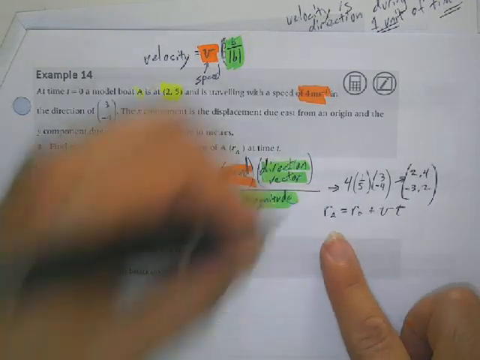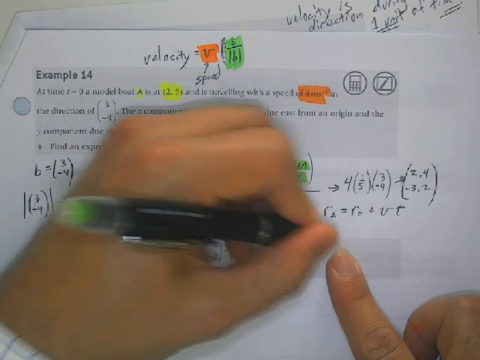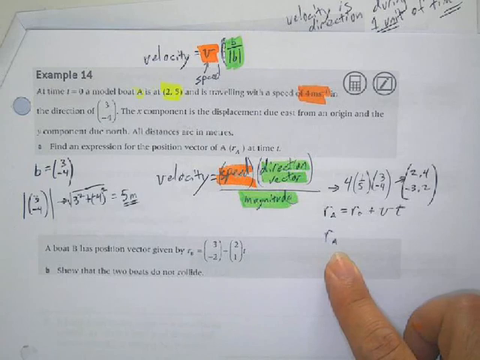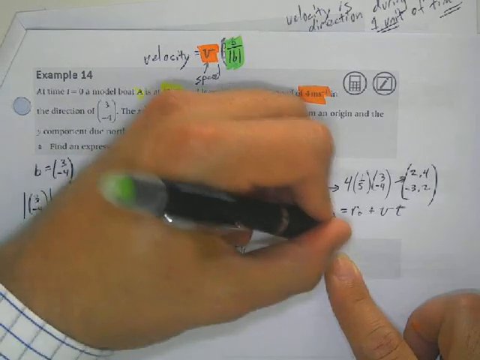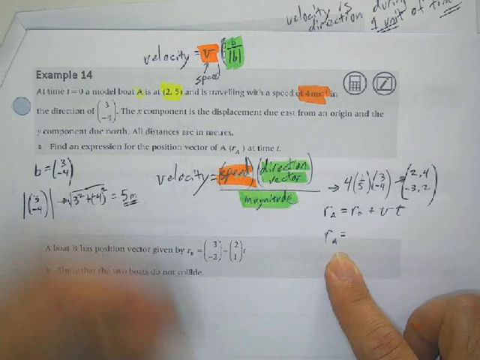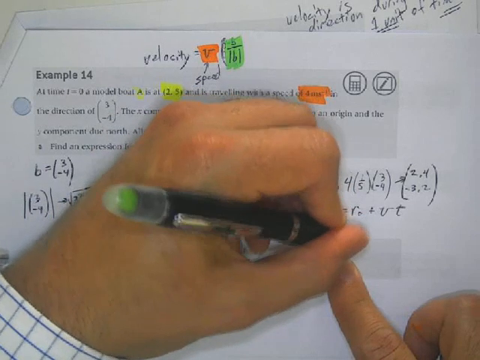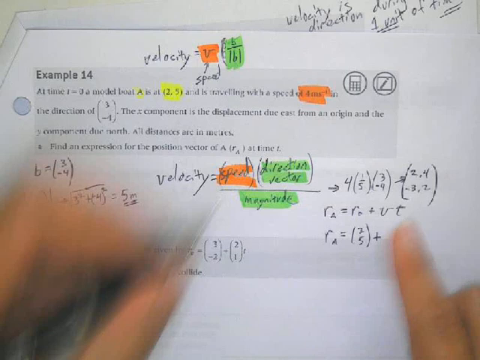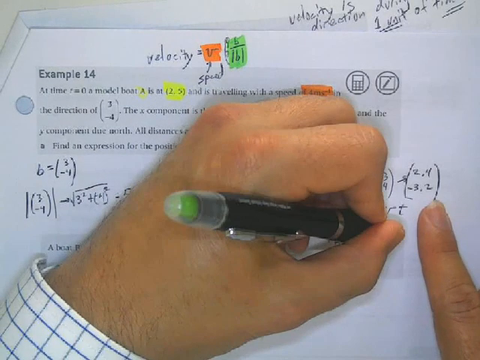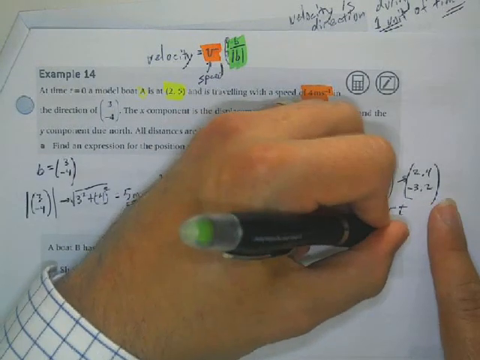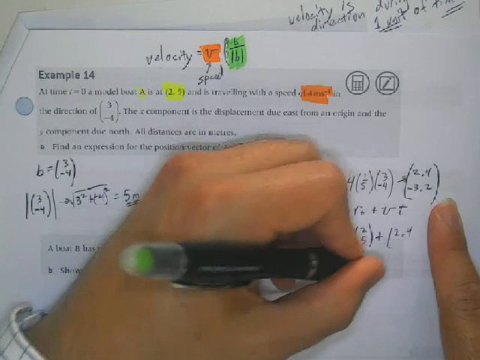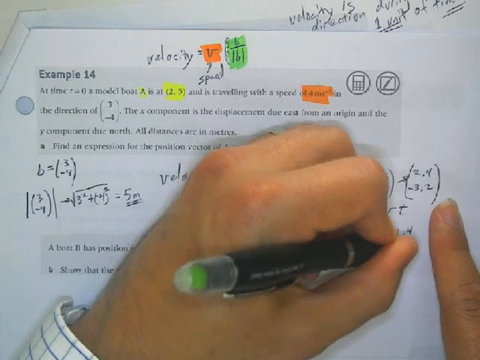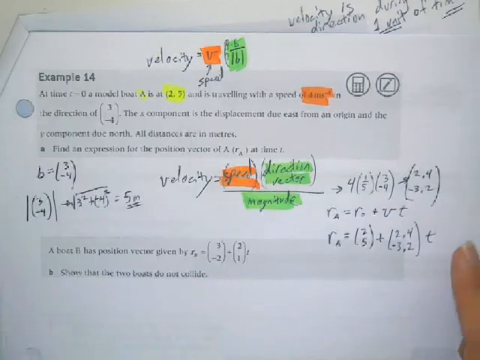So this simplifies to the position of A being equal to 2, 5, because that's where we're starting, plus my velocity, 2.4 and negative 3.2, times t.